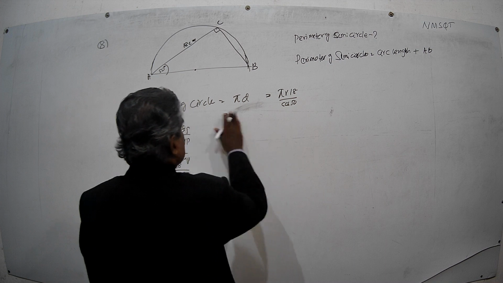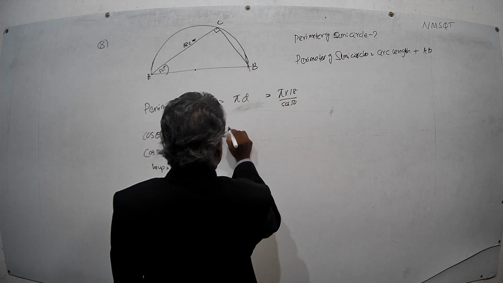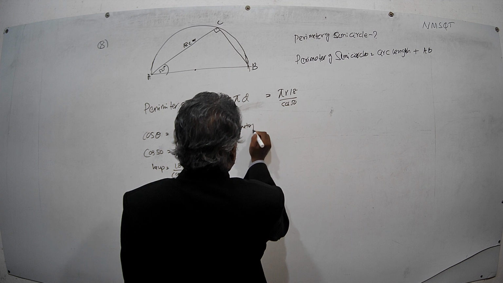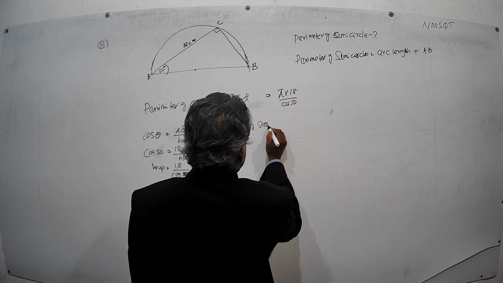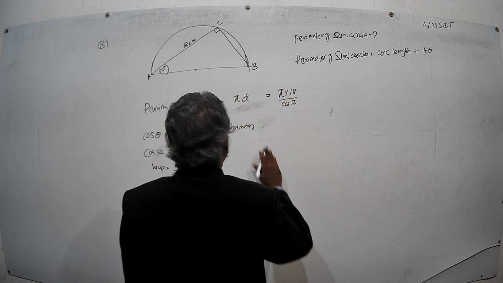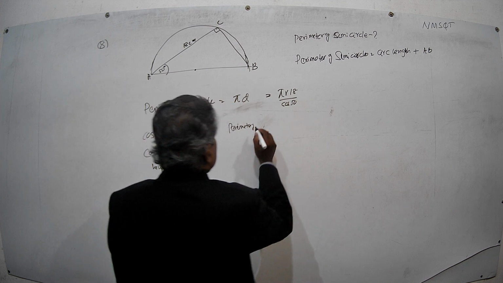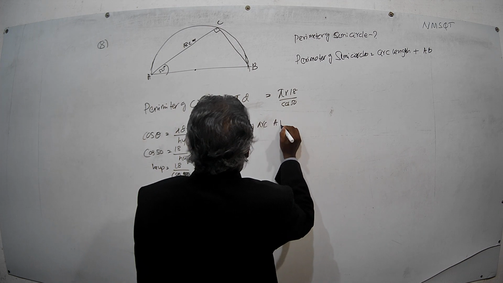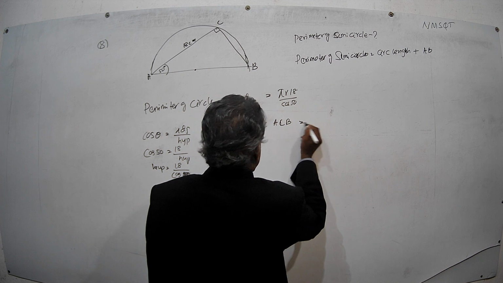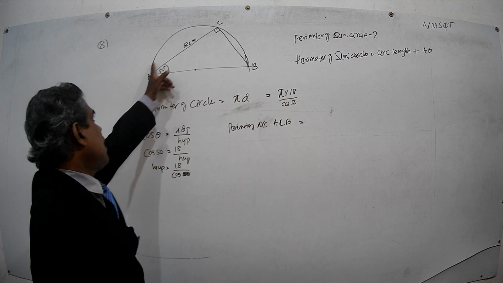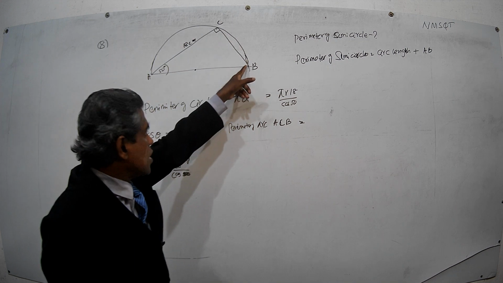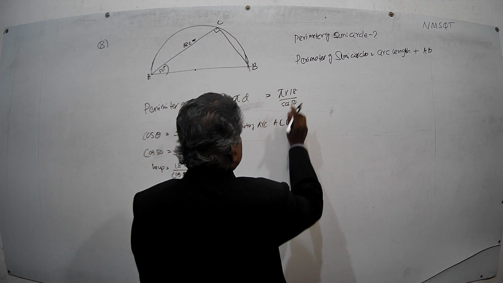Then to find the perimeter of this arc ACB, that means this half a circle, this curved length, that is half a circle. This is the full circle.